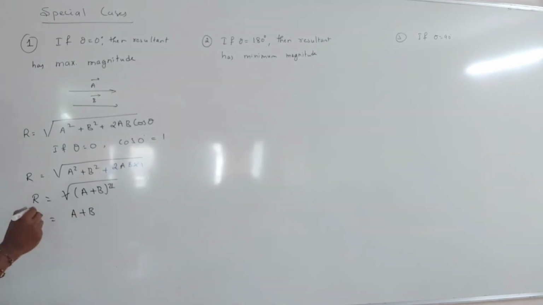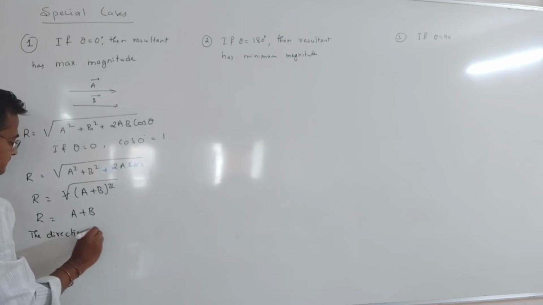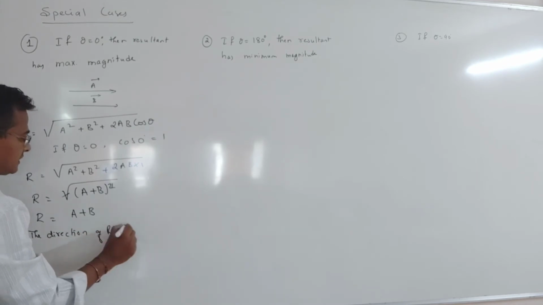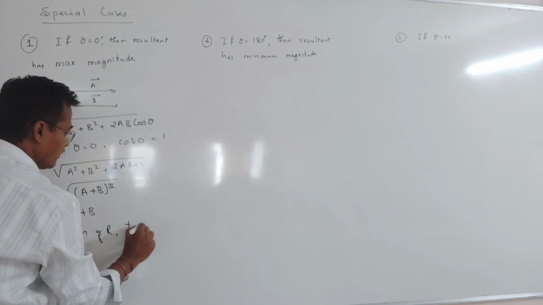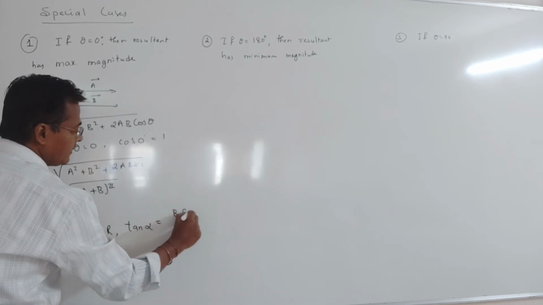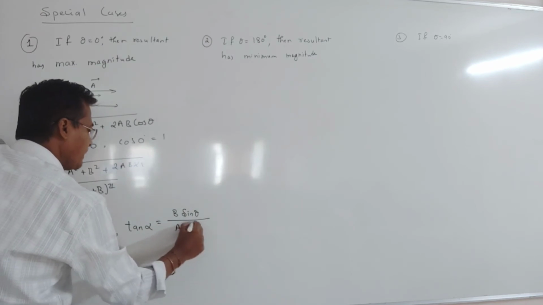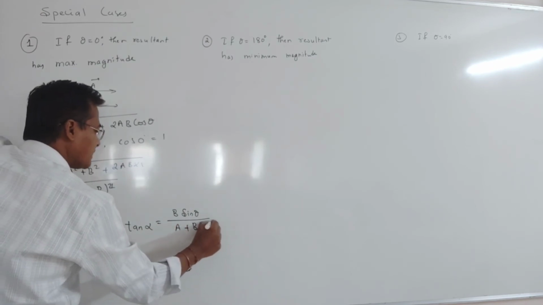So next, the direction. That is the magnitude done. Now the direction of r: tan alpha equal to b sin theta divided by a plus b cos theta.